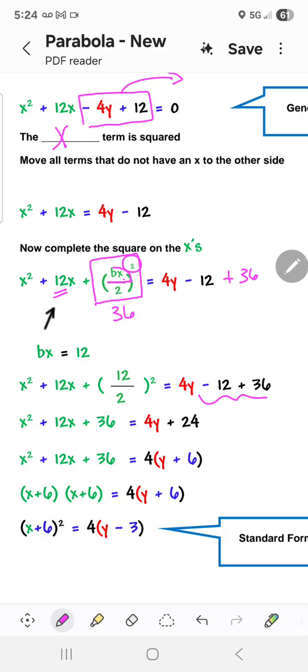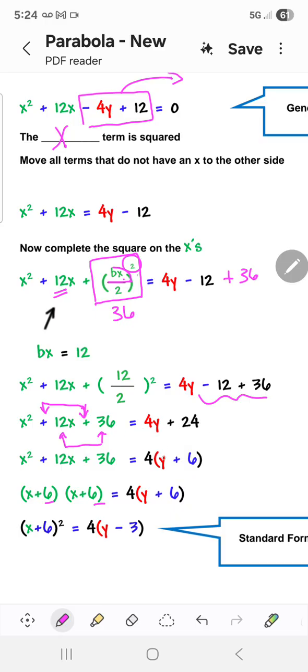Completing the square. Factors of 36 that add to give you 12, same sign, both positive. Two numbers that multiply to give you 36 but add to give you 12, that would be 6 and 6, same sign, both positive. So we get x plus 6, x plus 6. On this side, what can you factor out of these two terms?